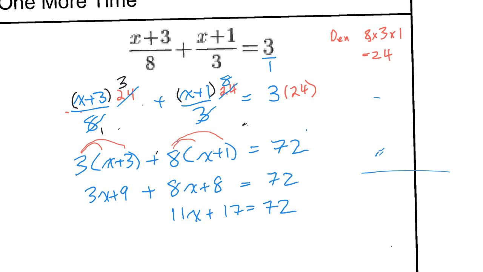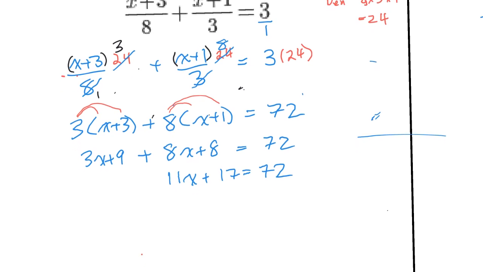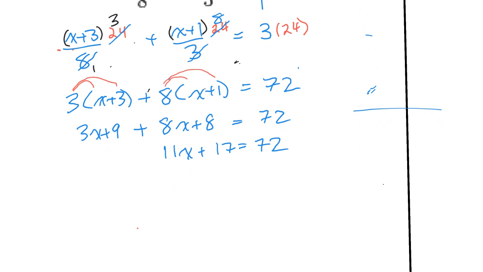So now let's take that 17 from both sides. So I'll just subtract 17 here and subtract 17 here. And you're going to get 11x is equal to 72 minus 17, which gives us 55.